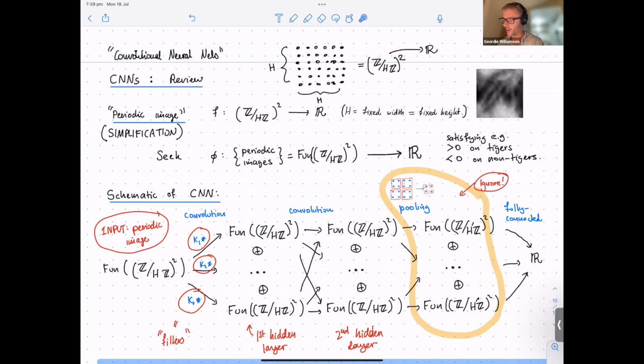So Z mod H is the numbers 0 up to H minus 1. This is what I've listed along here, 0 up to H minus 1. And then when I take the square, I get an array. And then I'm viewing a periodic image as being a real valued function on this array.